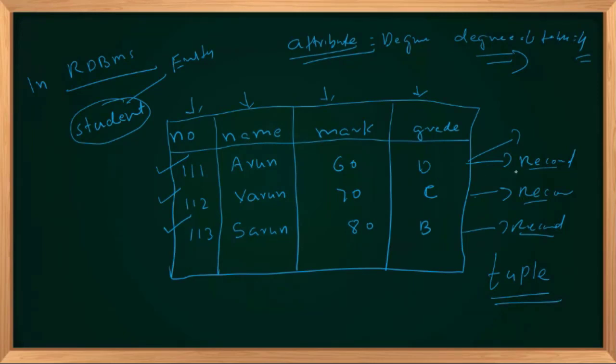Can you repeat, sir? What is a tuple? A tuple is a row value in a table. This is the row value. This is tuple one.